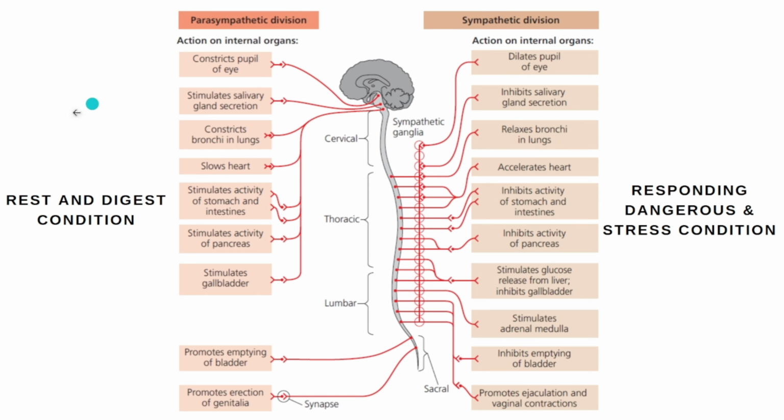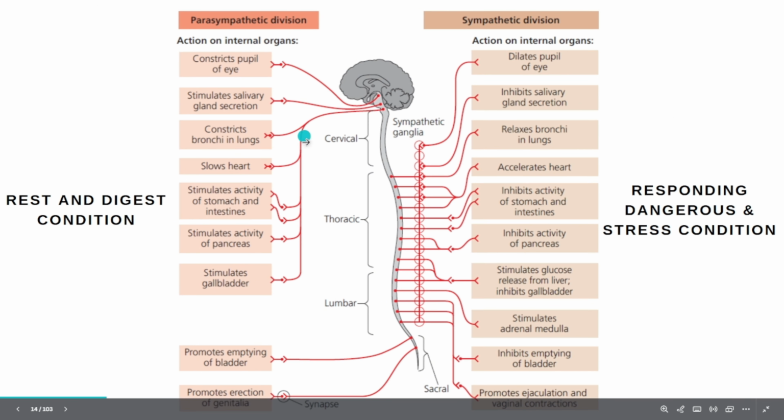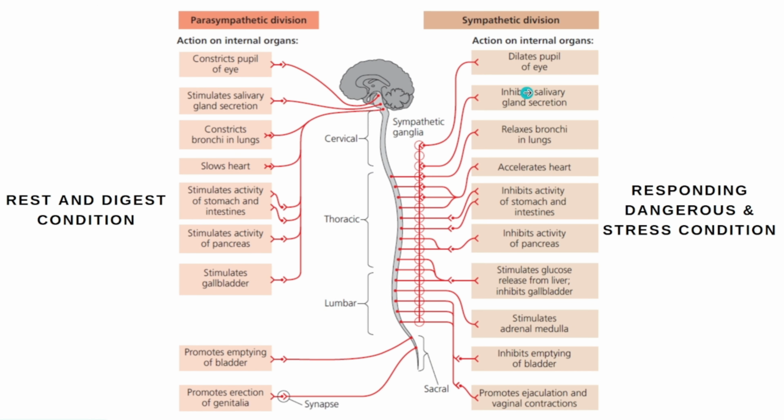So in simple words, just imagine that in rest and digest condition, only the parasympathetic works. Just imagine when you are in rest and digest, what do your eyes do? What does your salivary gland do? What will your lungs do? What will the heart do? And the pancreas? So it is very easy, not very hard.